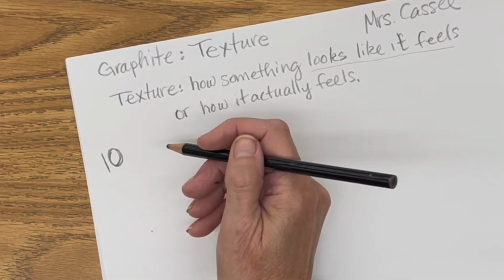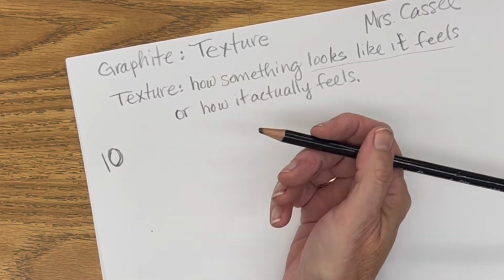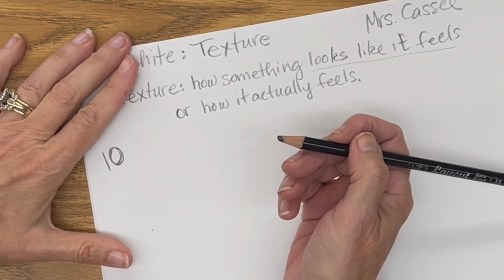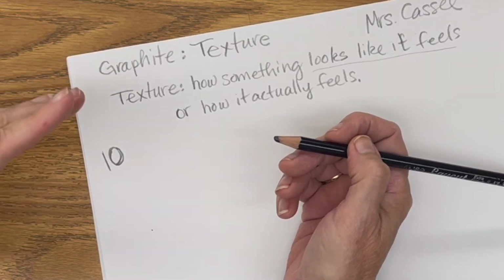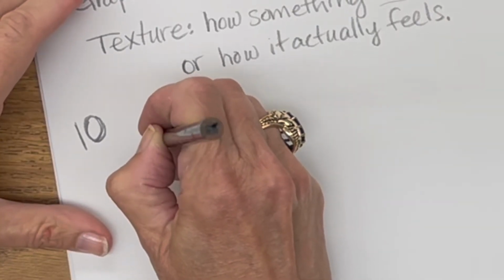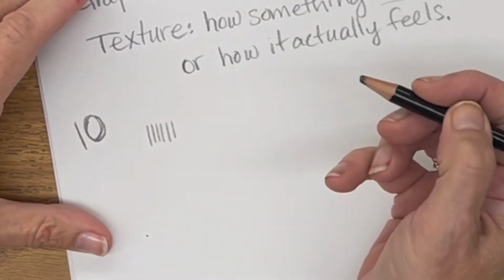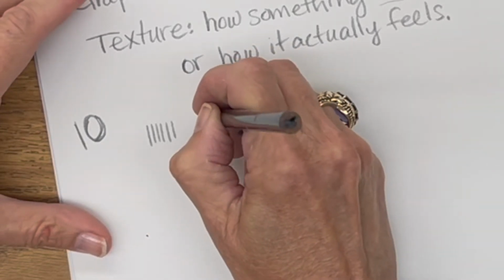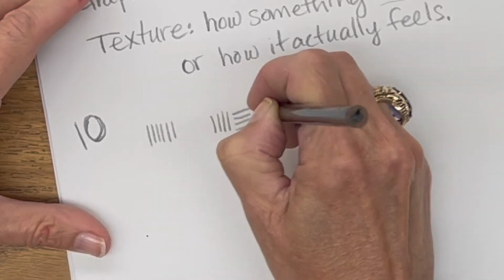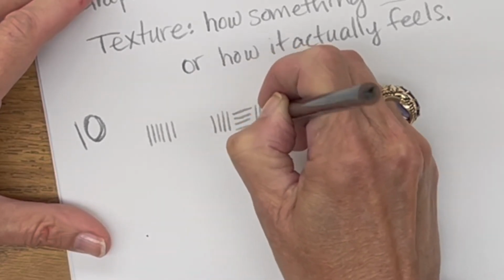There are different ways that you can make marks with your pencil to put together to make texture. You could make straight lines that go different directions, put those close together.